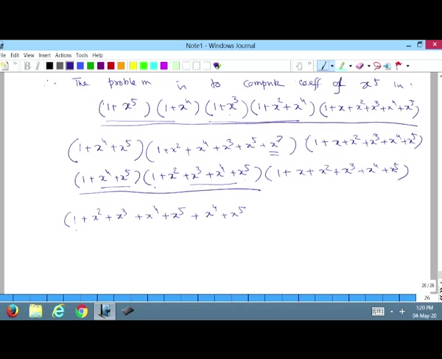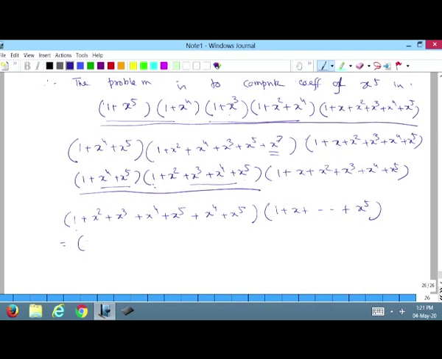All other terms are going to be greater than 5, so we do not need them. This is multiplied by 1 plus x plus up to x to the power 5.